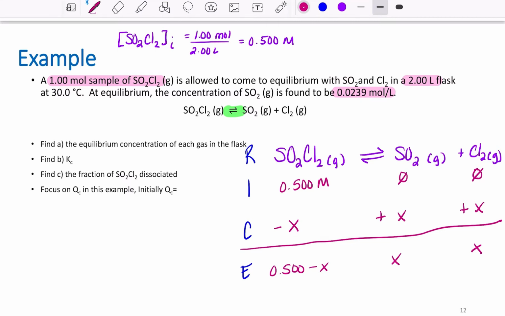Now, the rice or ice, R stands for reaction. I stands for initial, and that's initial concentration. C stands for change in concentration.